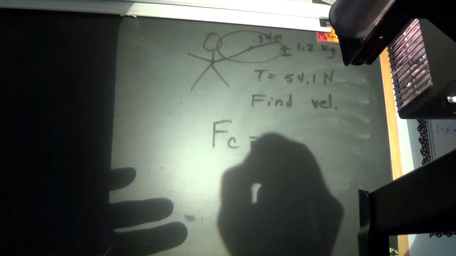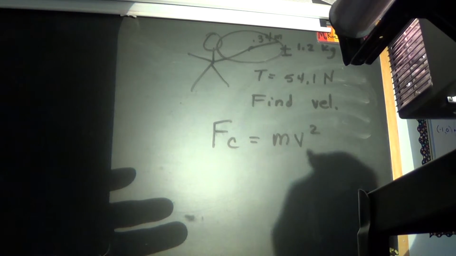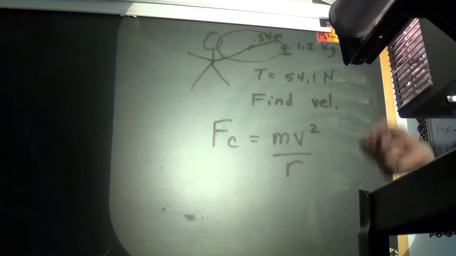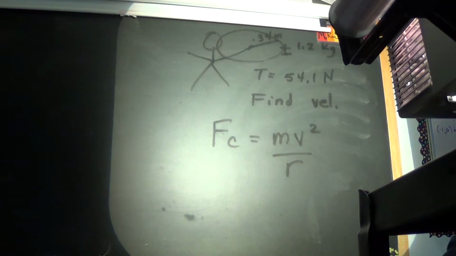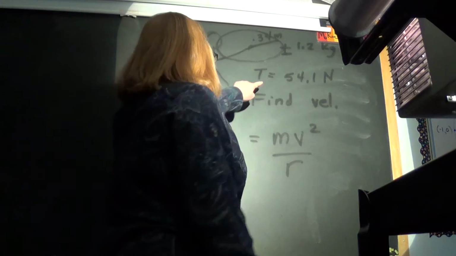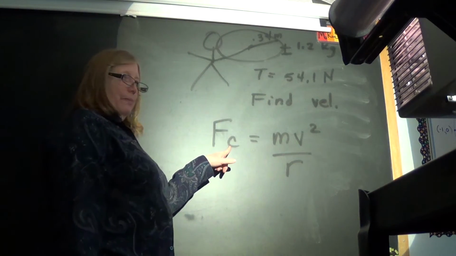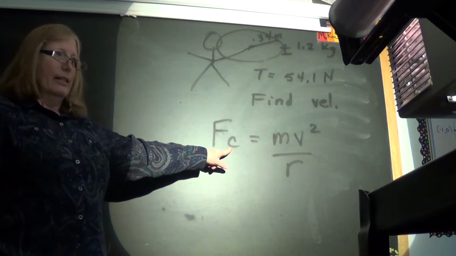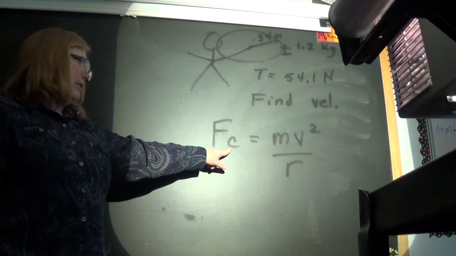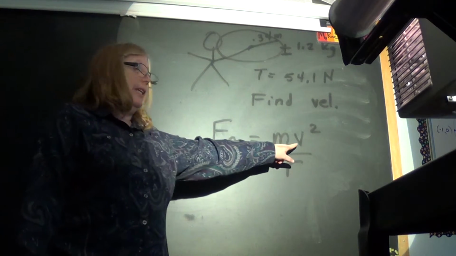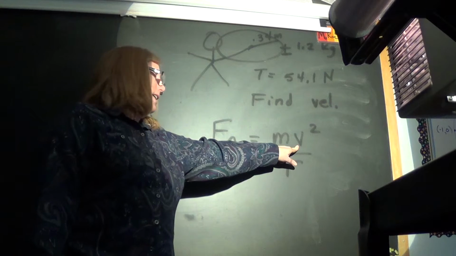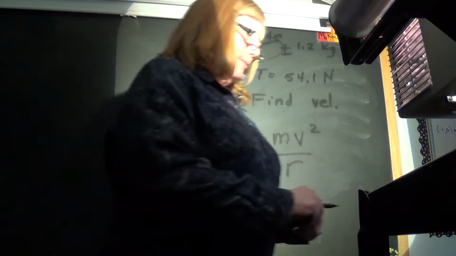Force centripetal equals mv squared over r. And you plug in the numbers. Morgan just said the tension is force centripetal. It is. So we're not trying to find force centripetal, we're trying to find v. So v is right there.